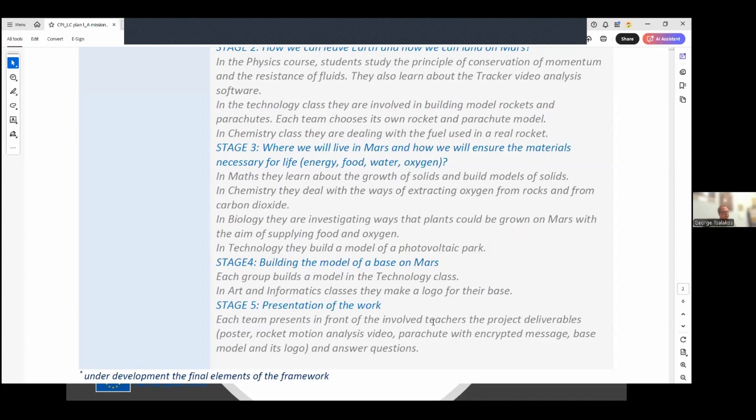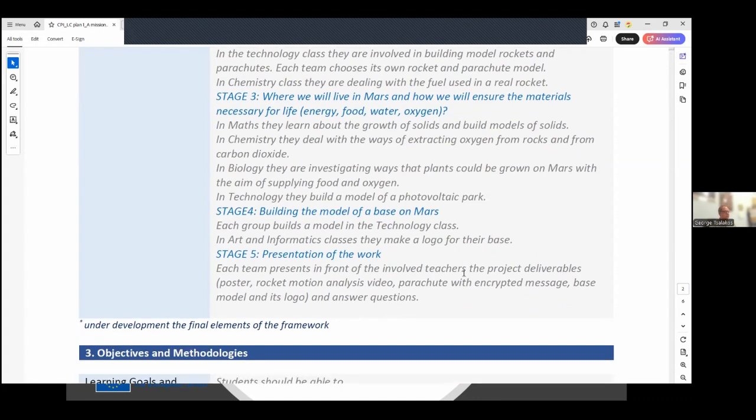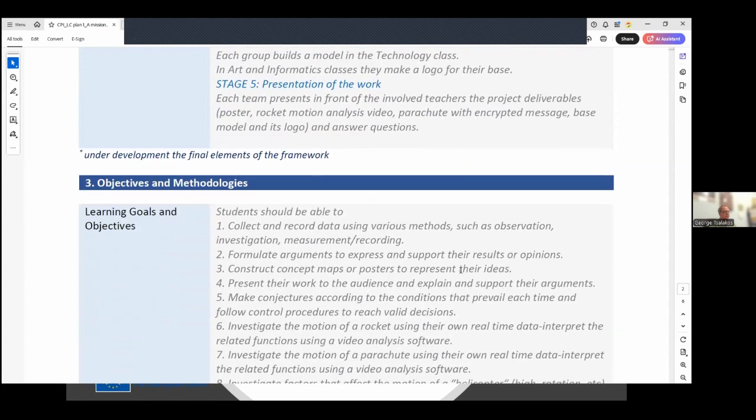They present their work with the project deliverables: the initial poster about why we have to leave Earth and why we have to choose Mars, the rocket motion analysis video, the parachute with an encrypted message in binary code, the base model, and they answer questions from the other students. This is the main idea of the project, and these are the learning goals.